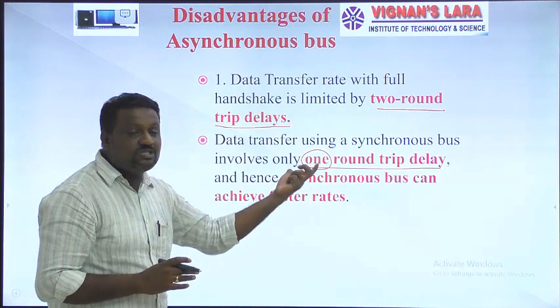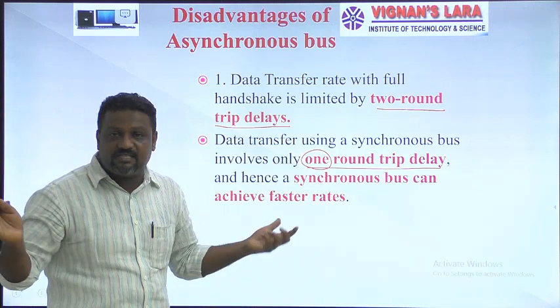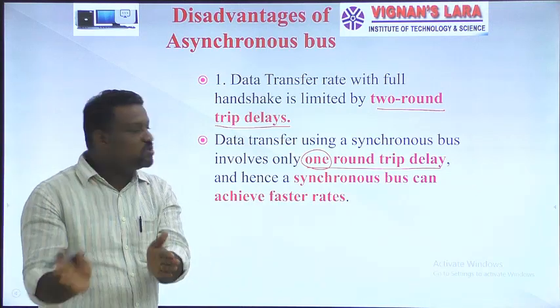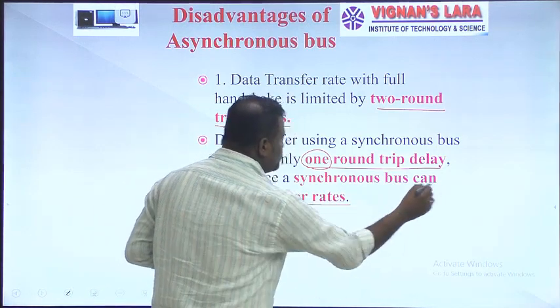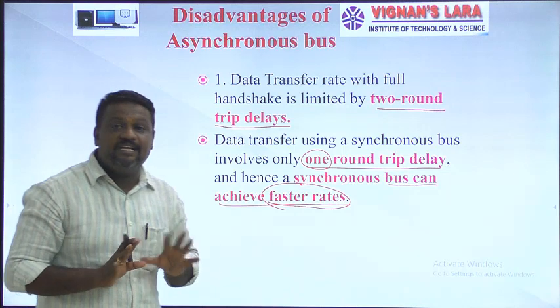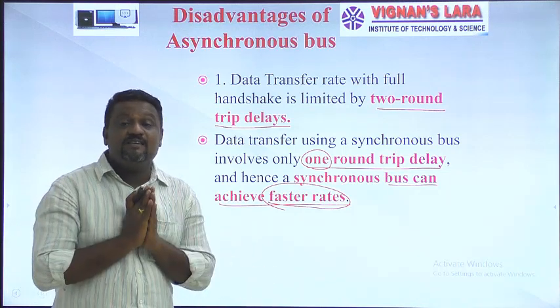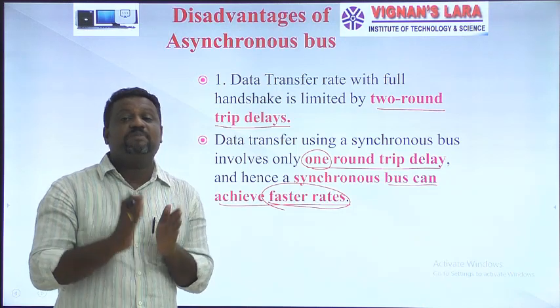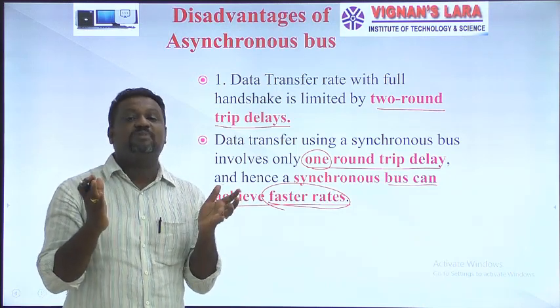Since only 1 round trip delay exists in a synchronous bus, data transfer is achieved at faster rates. The final conclusion is that the data transfer rate of the asynchronous bus protocol is lower compared to the synchronous bus protocol.